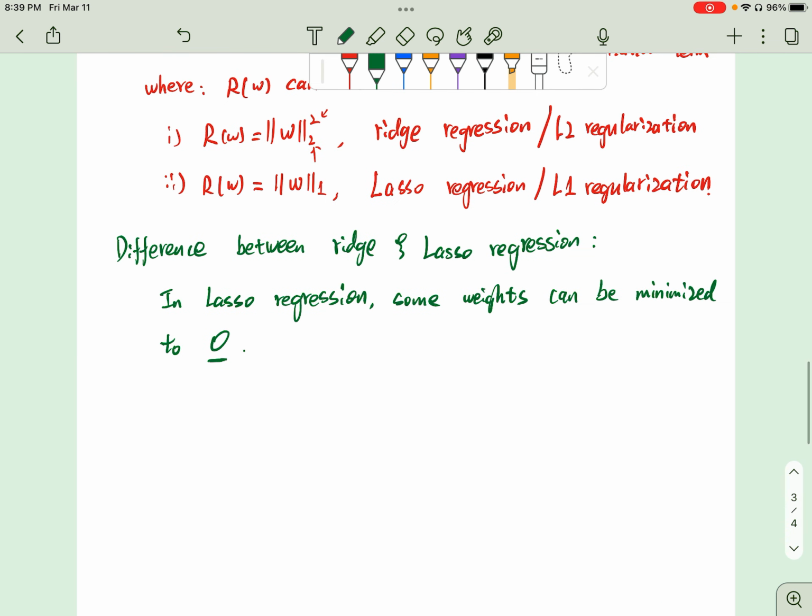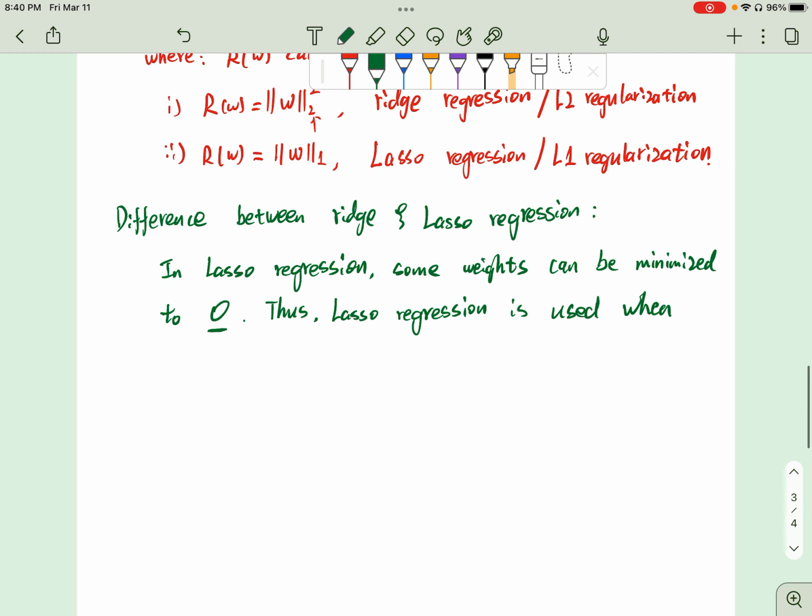Thus, it means that Lasso regression will be used when you think some features are useless.